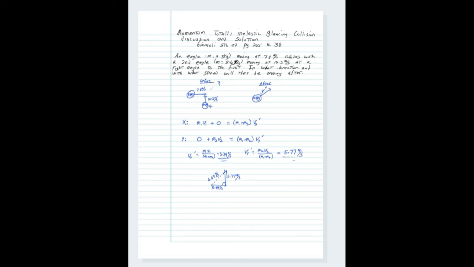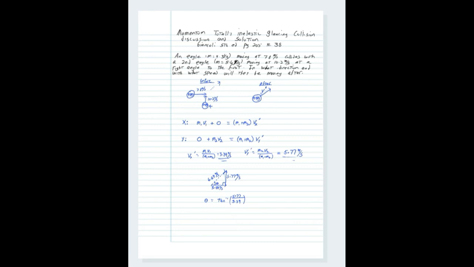I also want to know the direction, so I'm going to find this angle theta. I know that the angle is going to be the inverse tangent of the opposite side over the adjacent side. So if I were to do that, I got 5.77 divided by 3.39, and I take the inverse tangent of that.